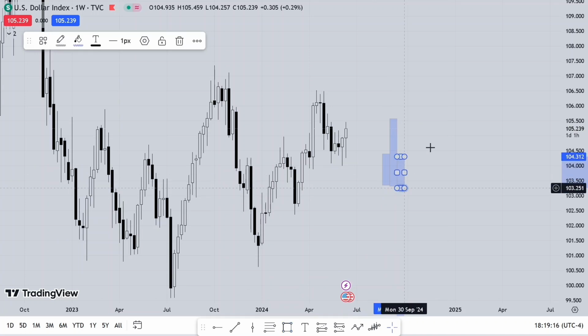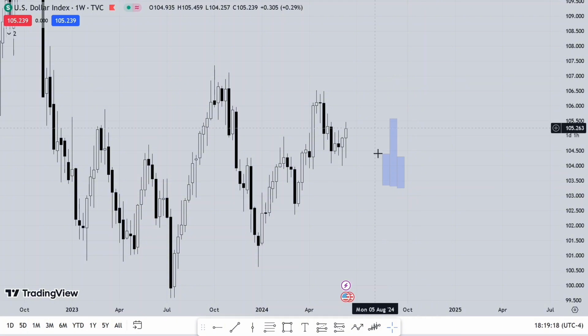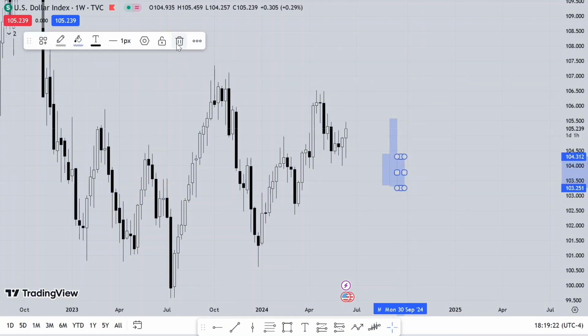So this is the swing high. This point right here is the swing high. Inversely, you have the swing low.